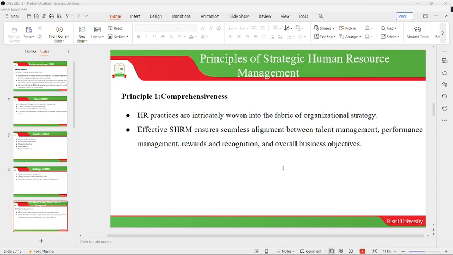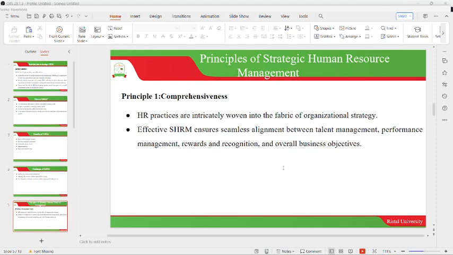Here they're saying that the HR practices are intricately woven into the fabric of organizational strategy. It means that it starts from the recruitment, even the job advert itself, up to the selection process, contract, motivation, etc. You need to be very comprehensive, to not ignore any element, because when you ignore any element, it means that your overall objective will not be achieved.